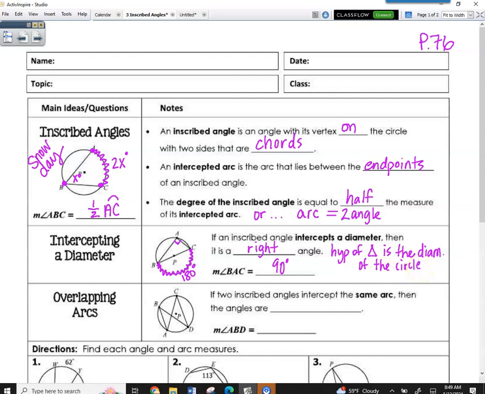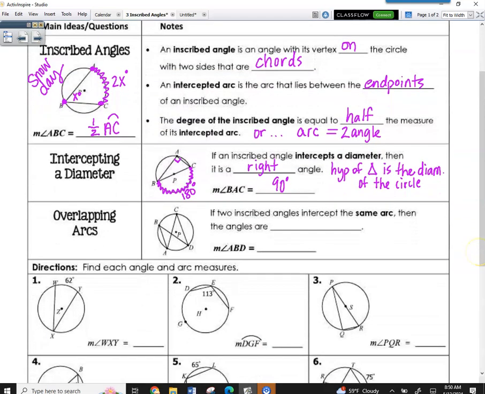When the hypotenuse of the triangle is the diameter of the circle, it's a right triangle. Every time. Which means you actually know 2 measurements. You know the 180 arc and you know the 90-degree angle. So that will come up.